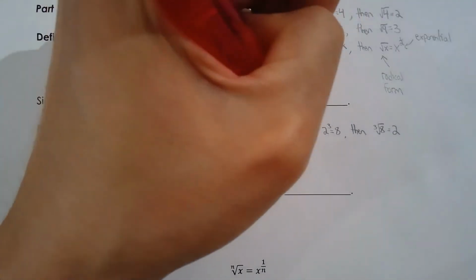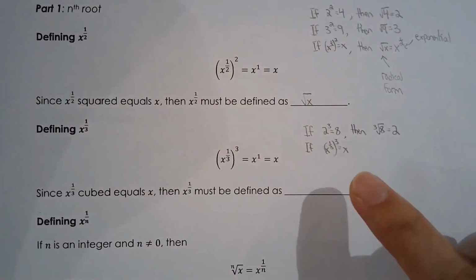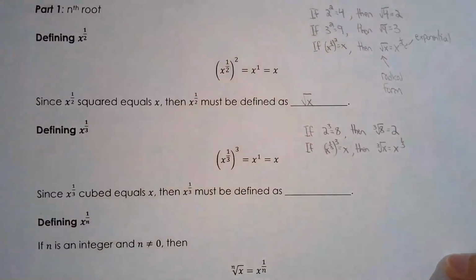So if x to the power of 1/3 cubed is equal to x, once again true based on the power law of exponents, then the cube root of x is equal to x to the power of 1/3, right?